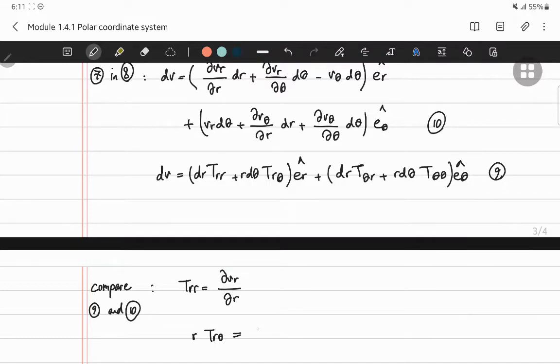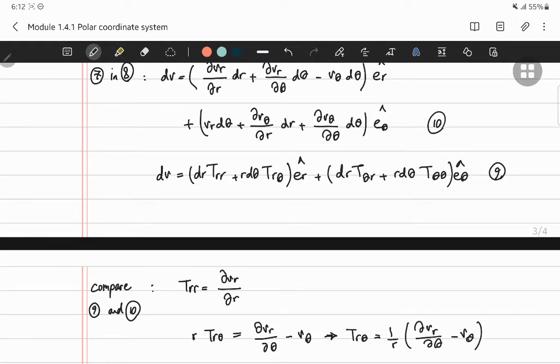So this is the partial derivative of v_r with respect to θ minus v_θ. Therefore, T_rθ is 1 divided by r times (∂v_r/∂θ minus v_θ).